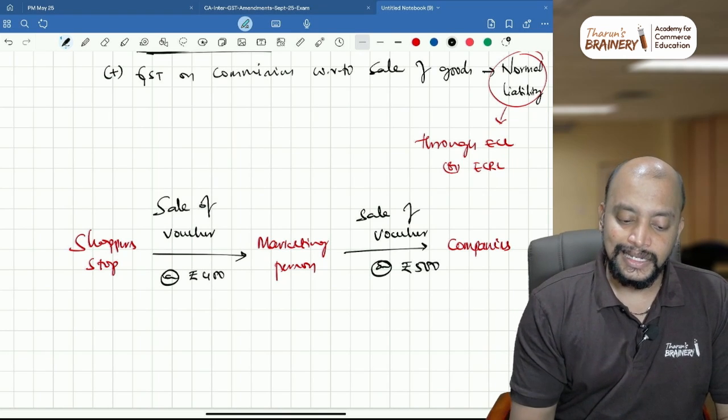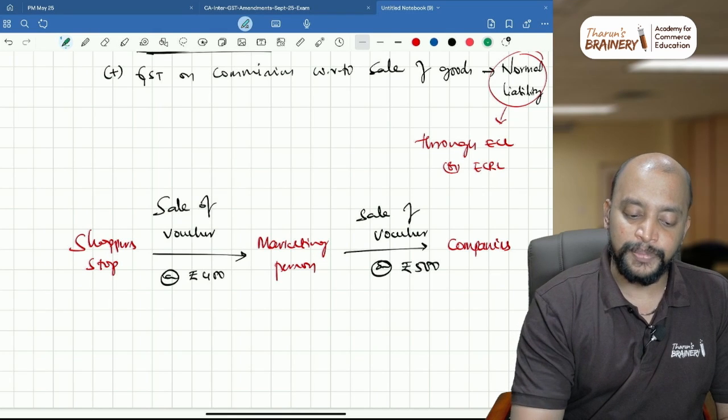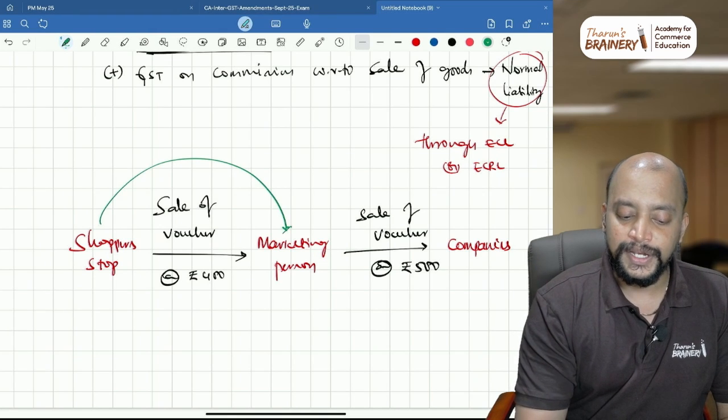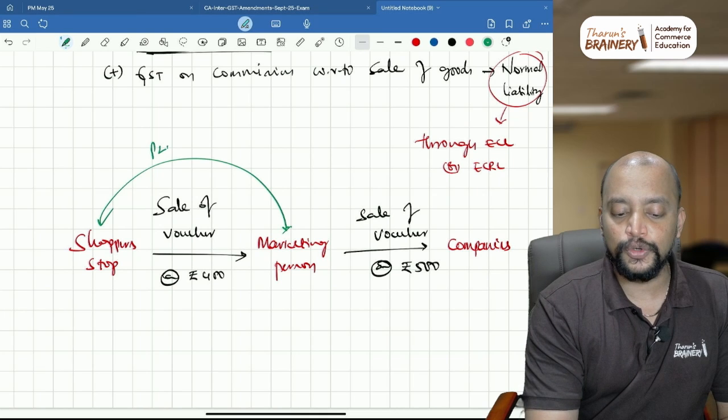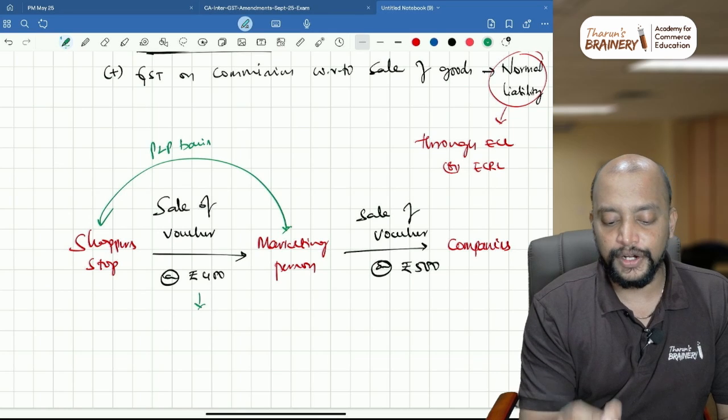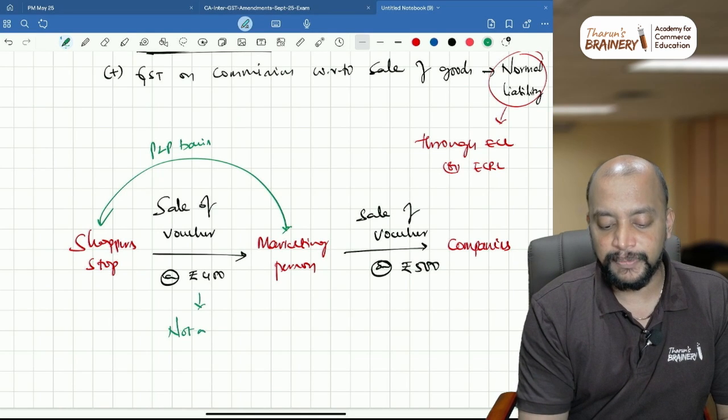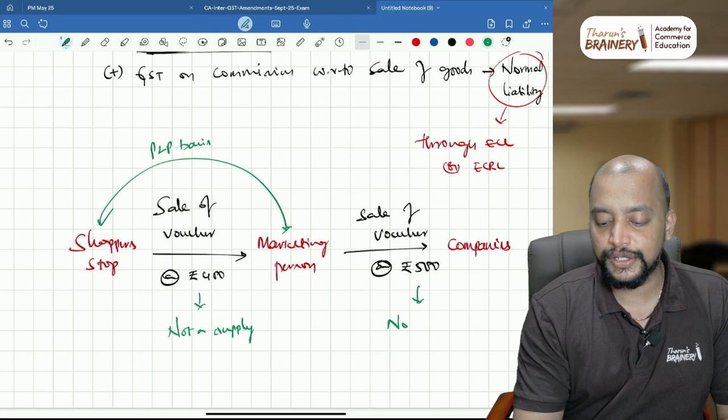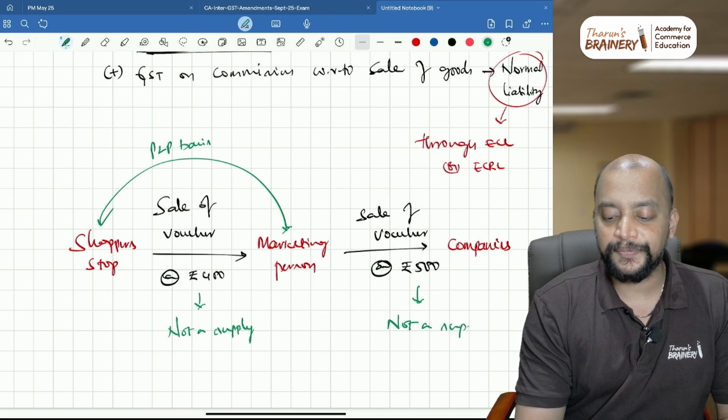Now in this case, Shopper's Stop and the marketing person are acting on principal to principal basis, P2P. So this 400 rupees is not a supply. Even the marketing person selling this voucher for 500 rupees is also not a supply.